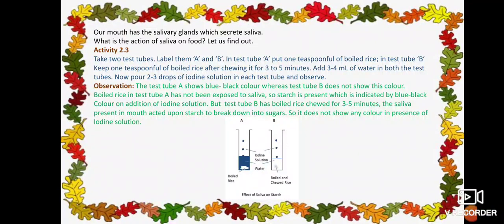After that, we observed that the test tube which contains only boiled rice shows a change in color, and test tube B which contains chewed boiled rice does not show any change in color. Why? Because the starch present in the rice is converted into sugars. That's why it does not show any change in the color.